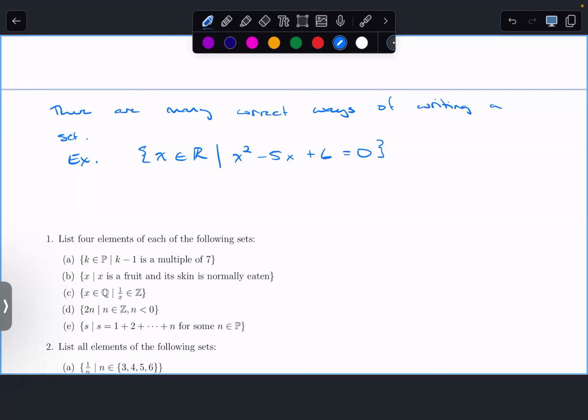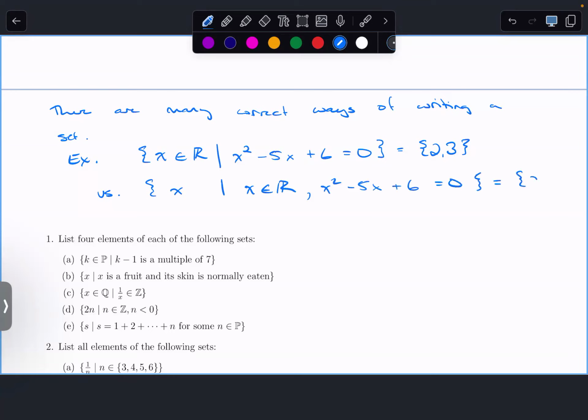If you factor this, then this is the set of 2, 3. If x is 2, that's true. If x is 3, it's true. Versus I can do the same thing: the set x such that x is in the set of real numbers and x squared minus 5x plus 6 is equal to 0.